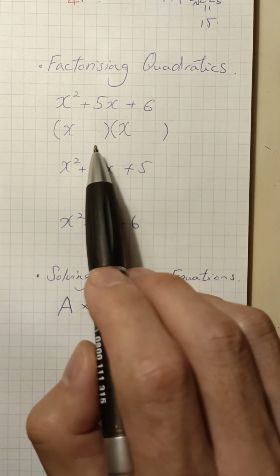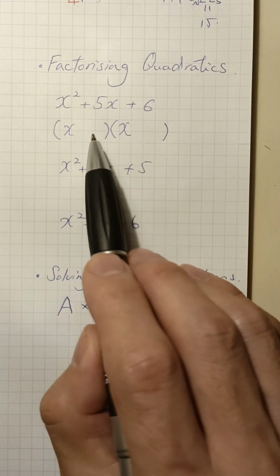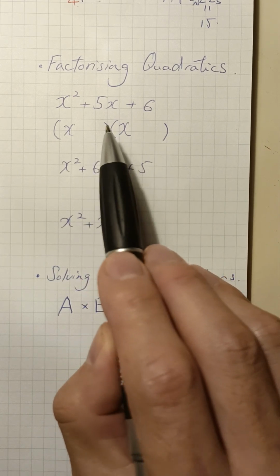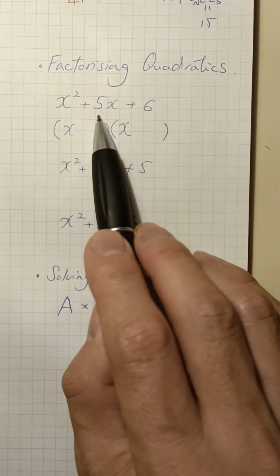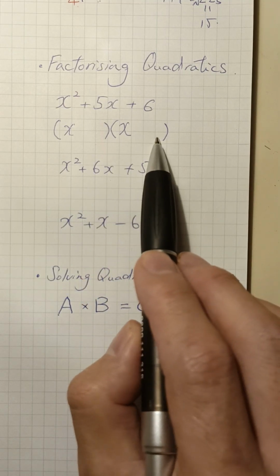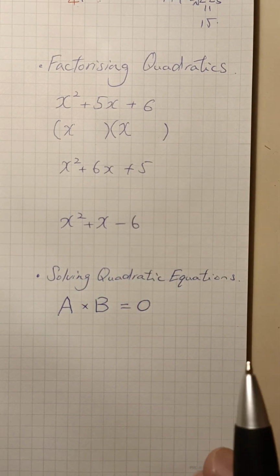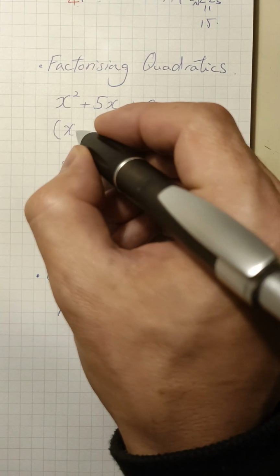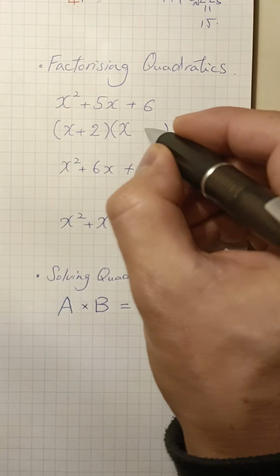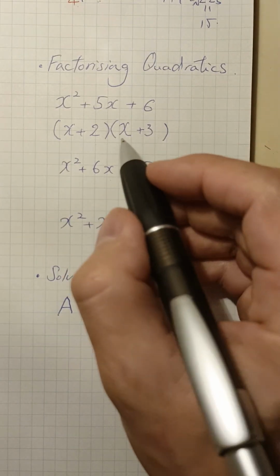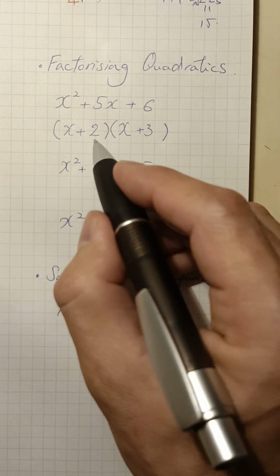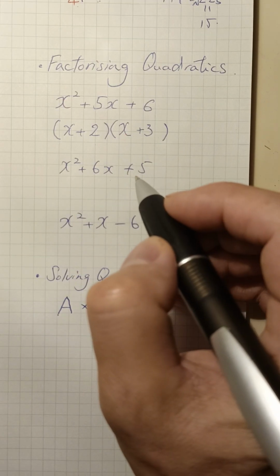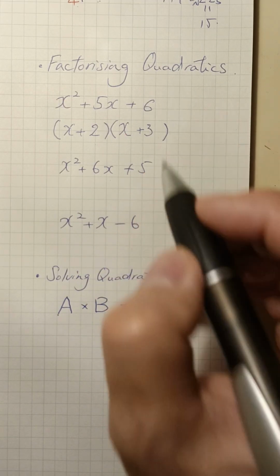And then you think of two numbers that will fit here. If you add them together, you get 5. If you times them together, you get 6. What numbers can you think of? It's 2 and 3, isn't it? 2 times 3 is 6, 2 plus 3 is 5. This is how you factorize quadratics, okay?